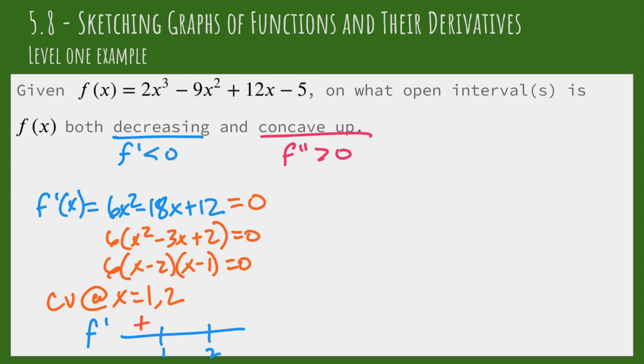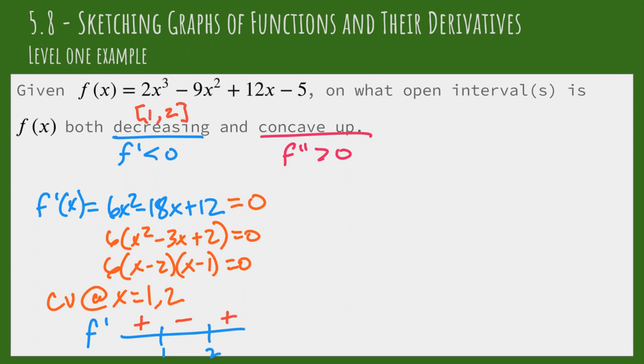If I plug in a number between 1 and 2, I'm going to get a positive times a positive, which is negative. And a number bigger than 2, I'm going to plug in and get positive. So the first part of the question here, the function is going to be decreasing on the interval from 1 to 2.